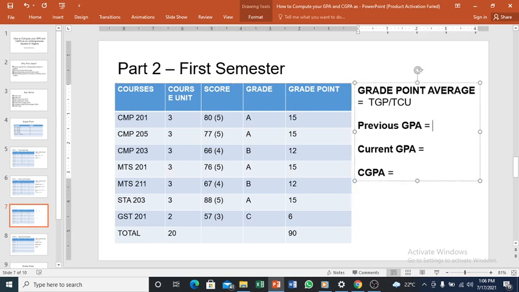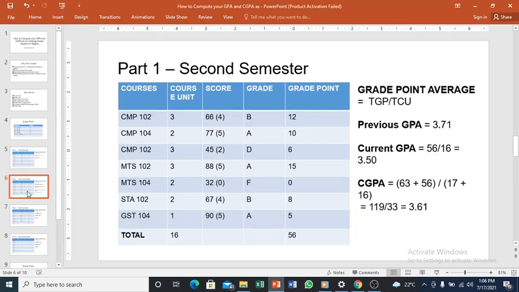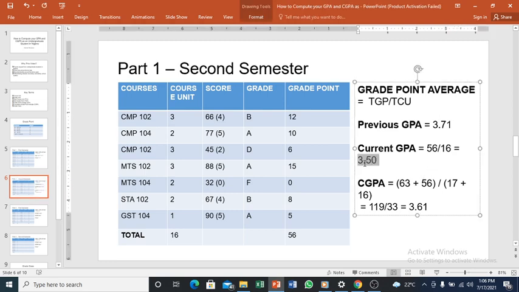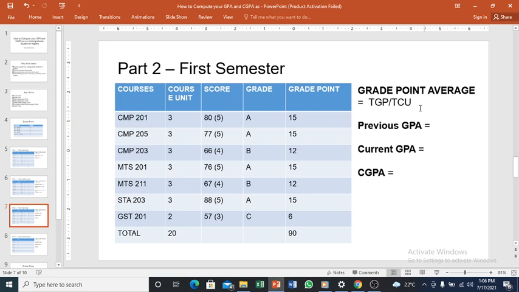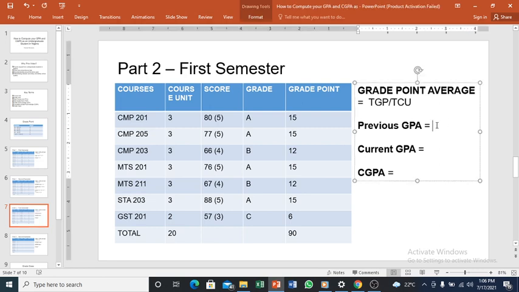Now, what was the previous GPA of this student? The previous GPA was 3.50. So we use the cumulative 3.61. So we come here, we have previous as 3.61.